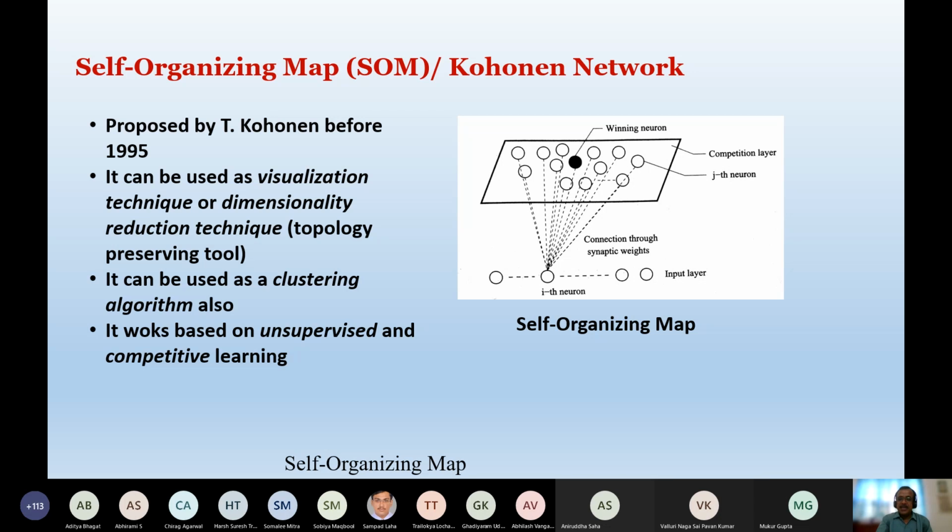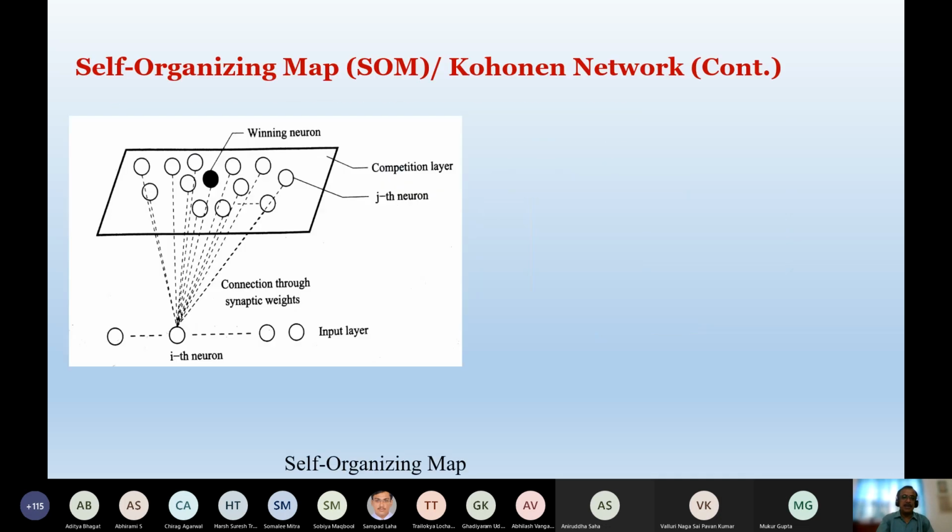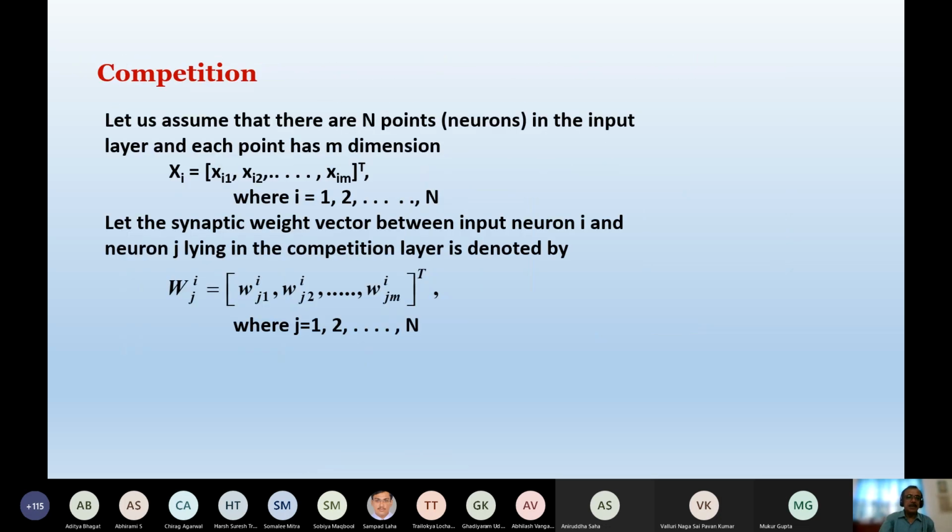So we generate a large number of connecting weights, might be 1000, at random. The connecting weight between the ith neuron lying on the input layer and, let me use the term point, the jth point, is nothing but your wji. Now let me look at the mathematical expression.